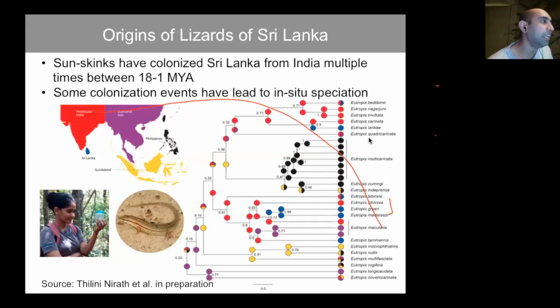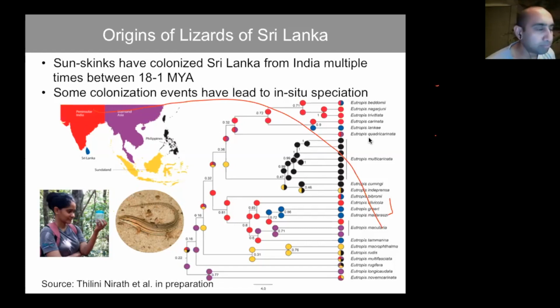Her findings indicated that sun skinks colonized Sri Lanka multiple times, between 18 million years ago and 1 million years ago. Interestingly, certain colonization events have led to in situ speciation. What I mean is that when a common ancestor of a group of species colonized Sri Lanka, they underwent speciation within the country. That is what we mean by in situ speciation.